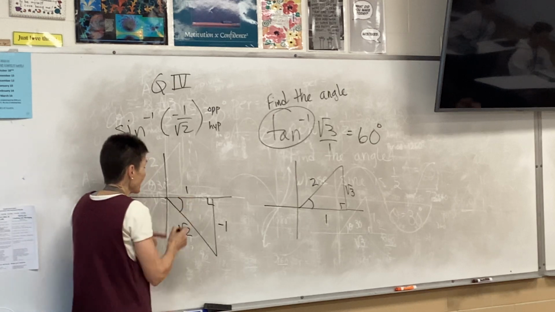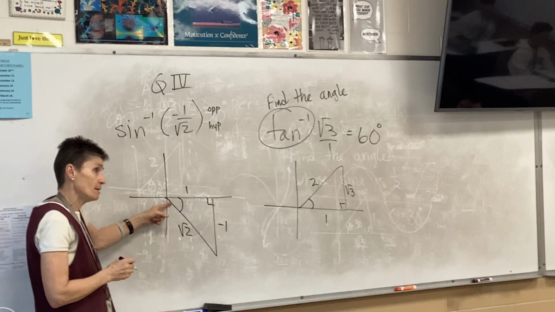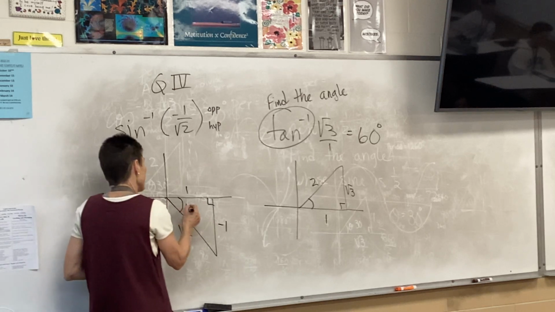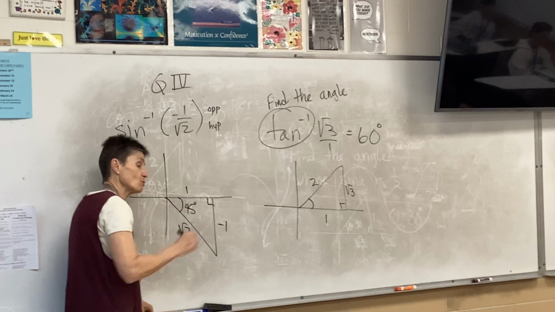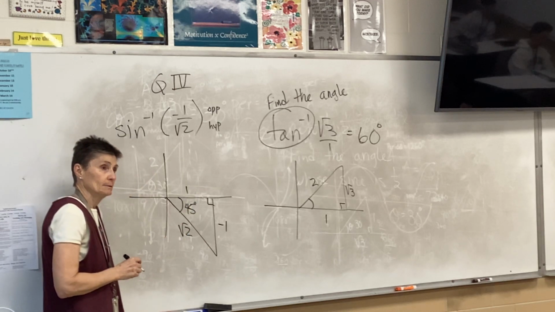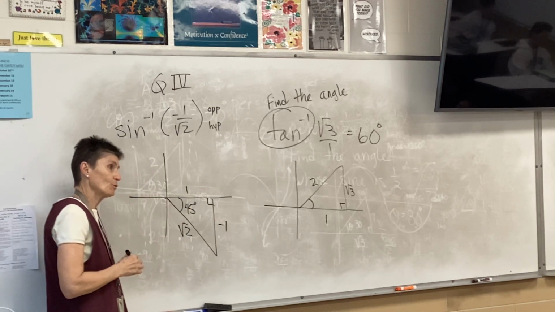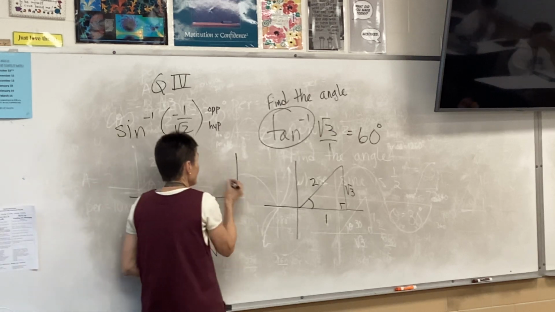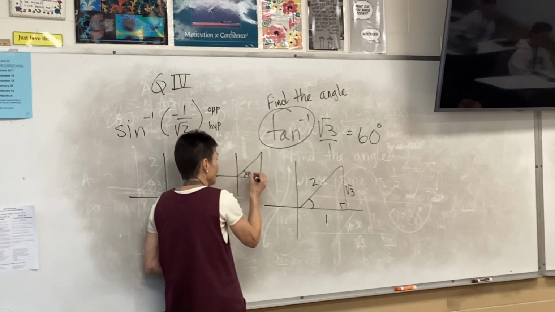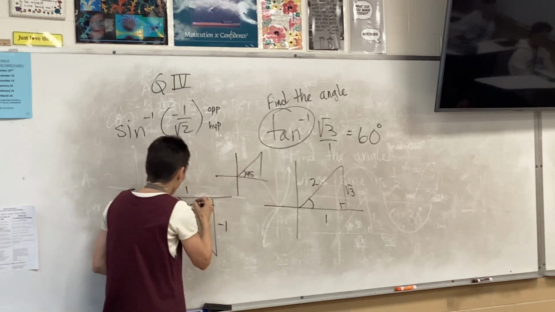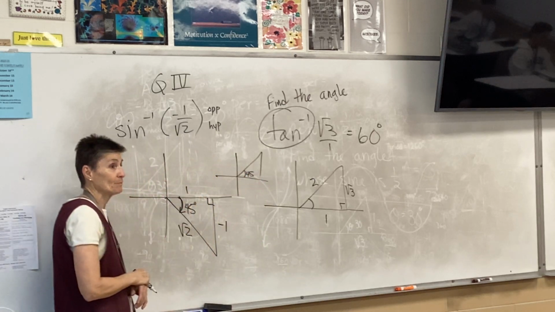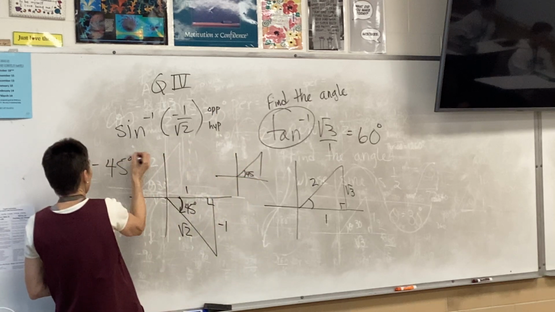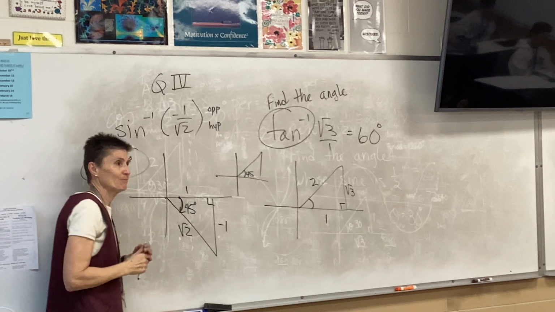And what kind of an angle was at the origin across from the 1? 45 degrees. Now, here's where things get crazy. Obviously, 45 degrees isn't the answer because 45 degrees is in quadrant 1. That's 45 degrees. What is it when I go this way? Negative 45 degrees. So the answer to the problem is negative 45 degrees.